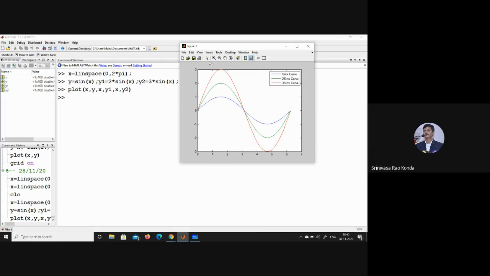Okay. So now I want to remove this excess part. Once again I am telling, suppose if you want to insert the x axis, y axis and all this, we can do.